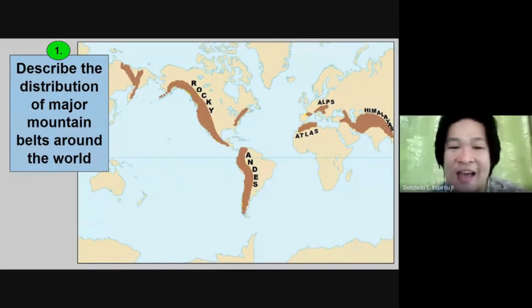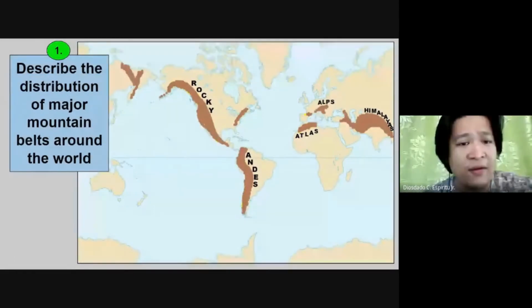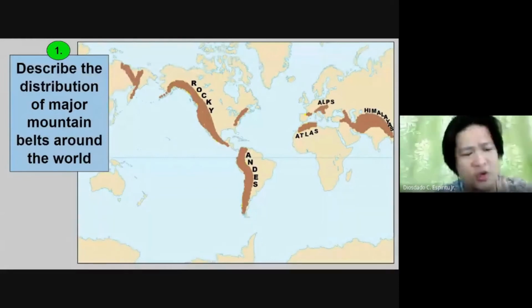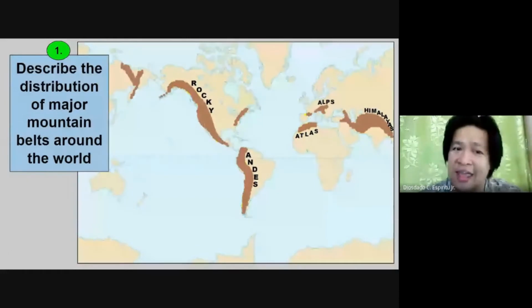In this case, we have the Rocky Mountains is basically found in North America. And which part of North America do we see Rocky Mountain Range? So you say west part, that's good. Okay, you can also say it is found in the right side or left side of the continent.